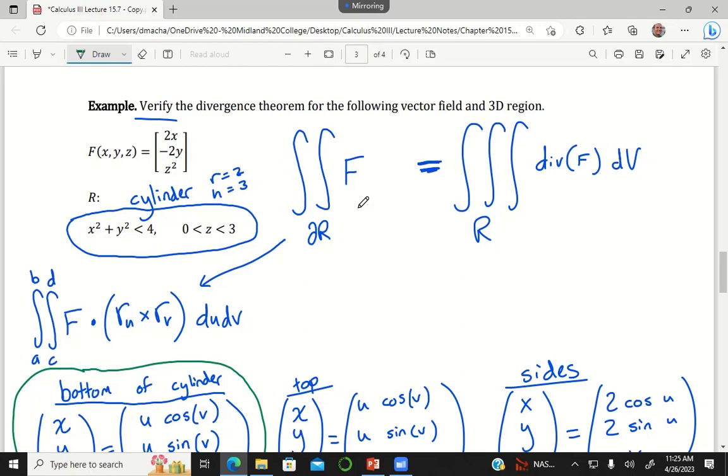But the z component of my vector field has the formula z squared. And at the bottom of the cylinder, z is always 0. So there's no vertical component to the vectors at the bottom of the cylinder, so there's going to be no flux. And so it makes sense, just confirming that it makes sense that we got a 0 for that surface integral. Okay?